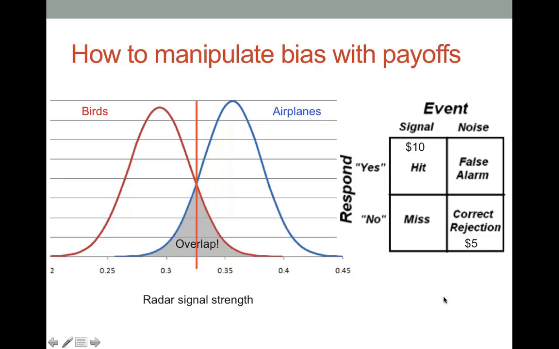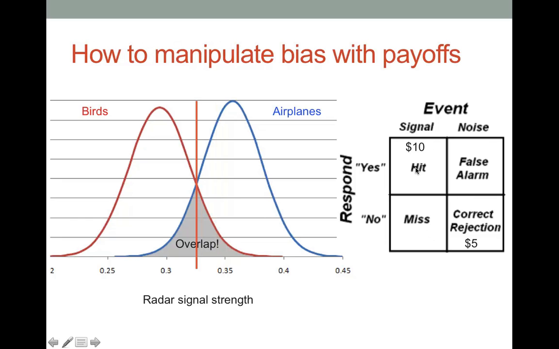So you can see here, it is more advantageous for you to get these ones right than to get these ones right. So as we saw before, we want to do better at the signal distribution in general than we are at the noise distribution in general. Would we want a more liberal criterion or a more conservative criterion?